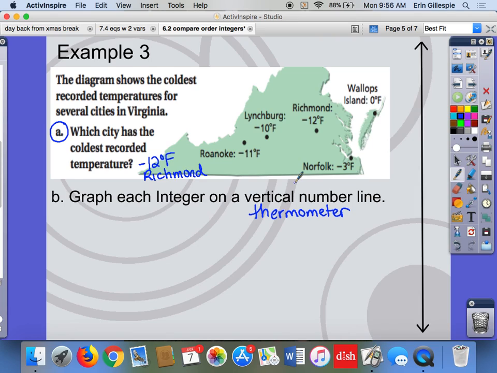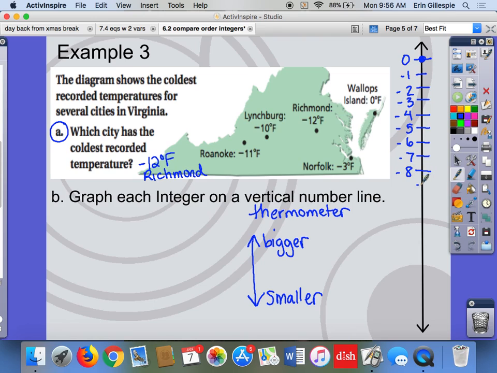In a vertical number line, the way it goes is that your numbers are getting bigger as you move up and smaller as you move down. So my biggest number should be at the top of my number line, my smallest number should be at the bottom. So my 0 should be up here, and then I'd be going down like this.